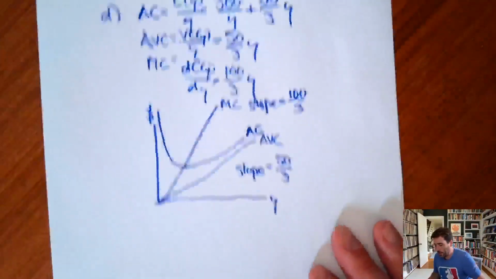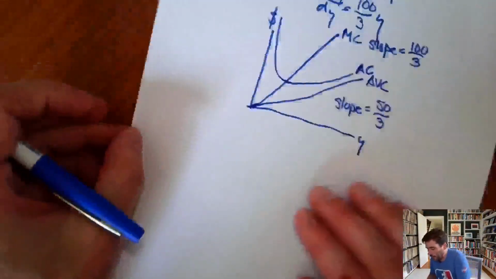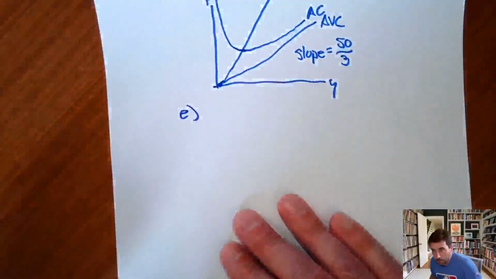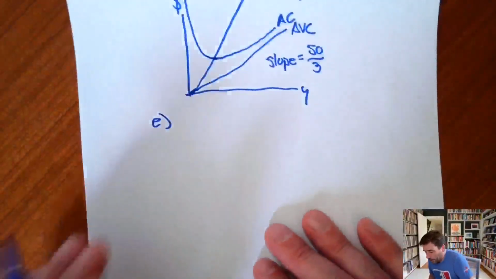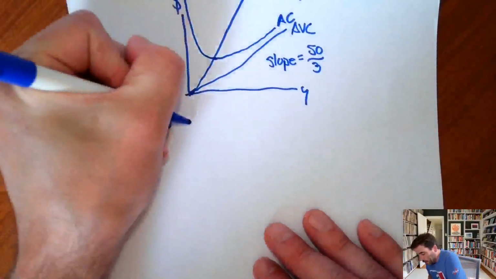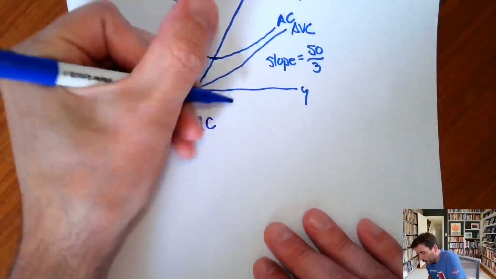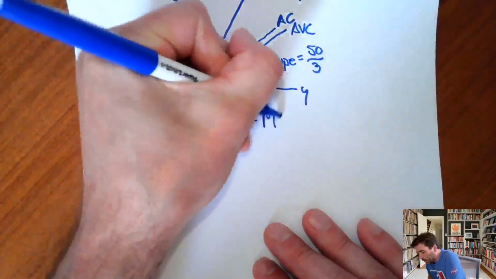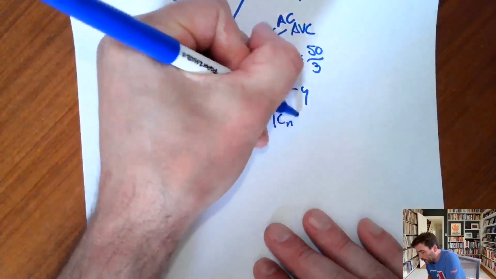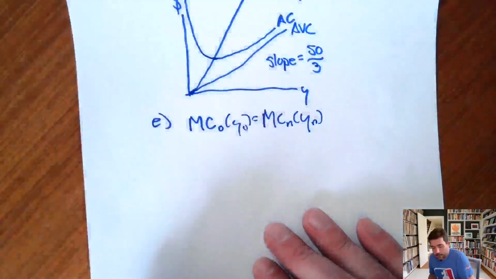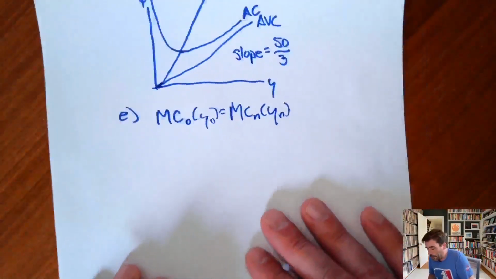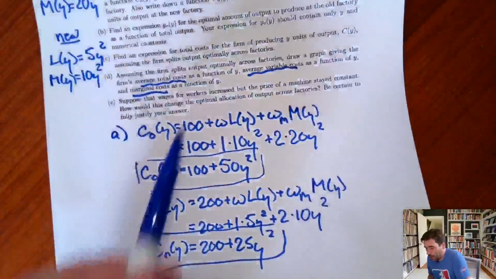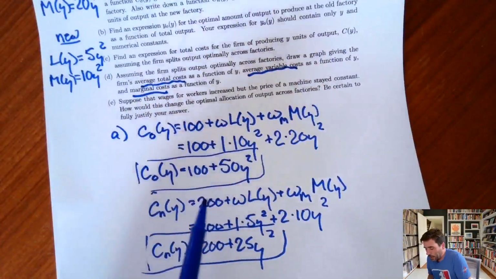So I'm actually going to do this mathematically because I think it's going to be quicker than if I try to write this out with a big long explanation, right? The way I'm going to think about this is we know that marginal cost at the old factory should equal marginal cost at the new factory, right? That's how we solved the earlier part of the problem. And so when I go back to my cost functions here, I'm going to leave that w in there as it is, right?